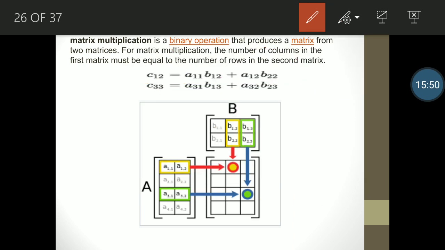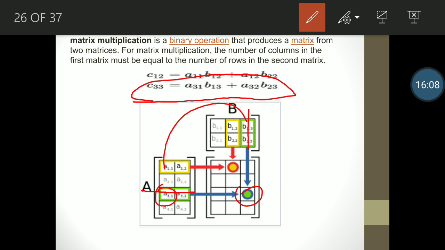Similarly, if we want to consider C33, meaning this point, our third row and third column, the third row's first element A31 will be multiplied with B13, A31 B13, plus the second element of this third row will be multiplied with the second element of the third column, so it will be A32 B23.